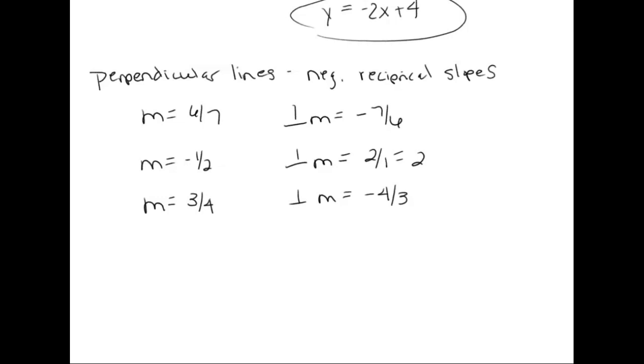The first part of this section is just finding the perpendicular slope of a given line, right? So if we were looking at a function like y equals 2/3 x plus 3, and they asked us to find the perpendicular slope, all we have to do is identify our slope, which is 2/3, and then the perpendicular slope is the negative reciprocal of that.